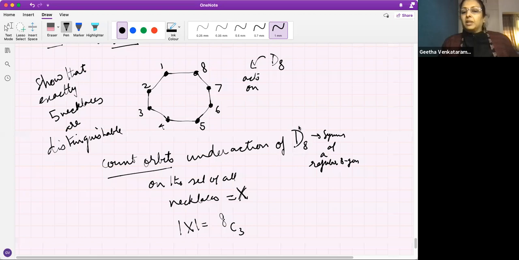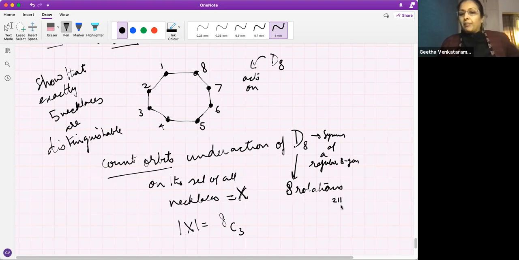Then D8, which is a group of order 16. So D8 will have how many? It has 8 rotations. And what is the angle? The smallest non-zero degree angle, the basic rotation, is going to be 2 pi by 8.